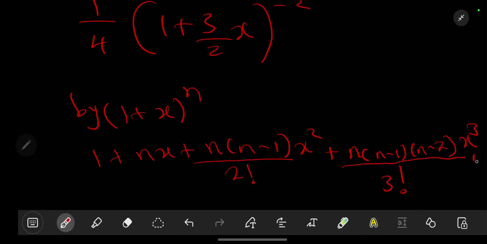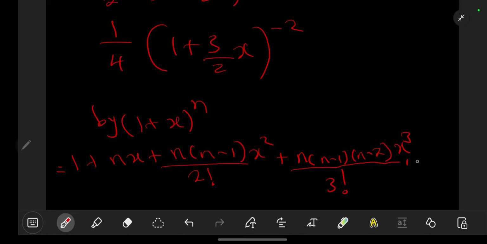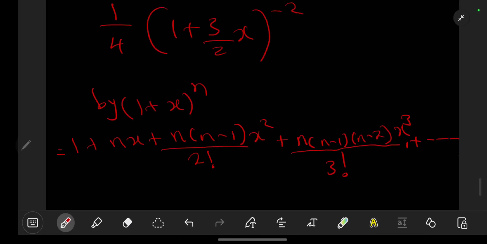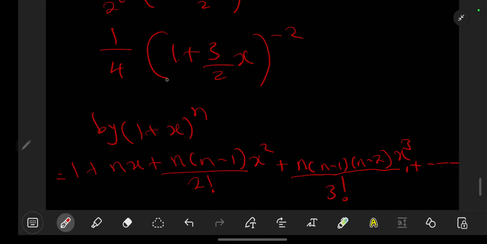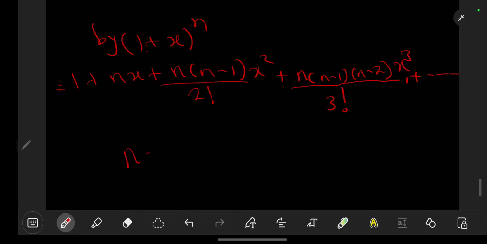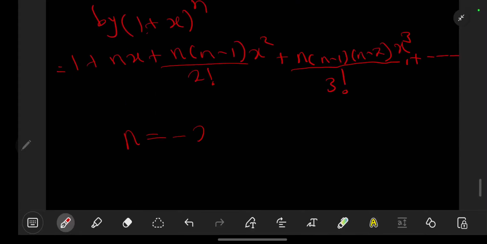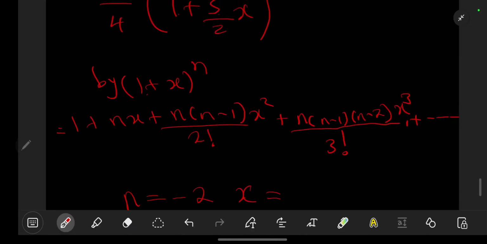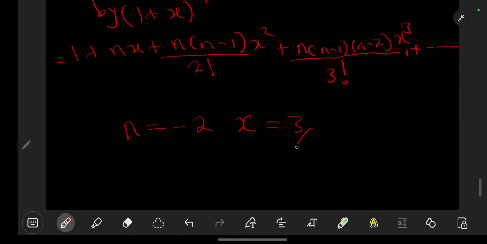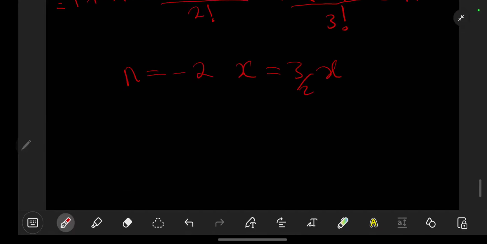Then plus dots, dots, dots. So in this case, we can see that this is your 1, then your x is equal to this. So you can say n is equal to negative 2, x is equal to 3 over 2x, then replace.